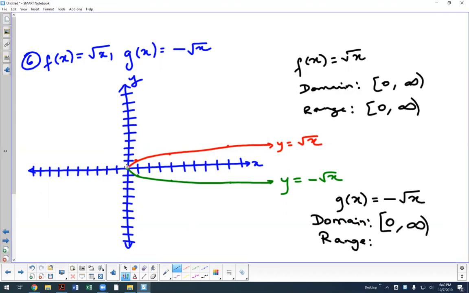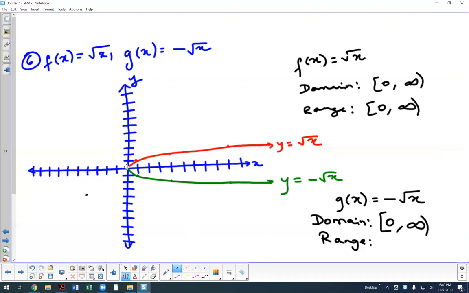Will the range change? Yes. Because what happened here? When you created the reflection, our y values are no longer positive, right? You saw in the table, all our y values became negative. Even if you look at the graph here, you can see our graph is going to start at 0, but obviously it is now heading downwards, which means it's going towards negative infinity.